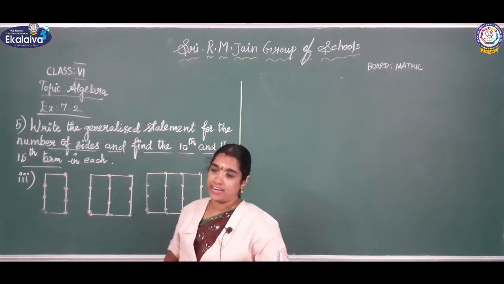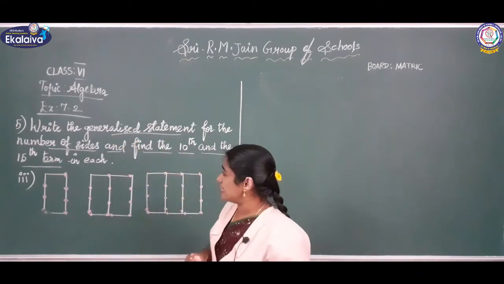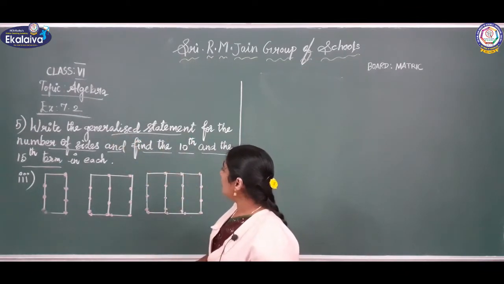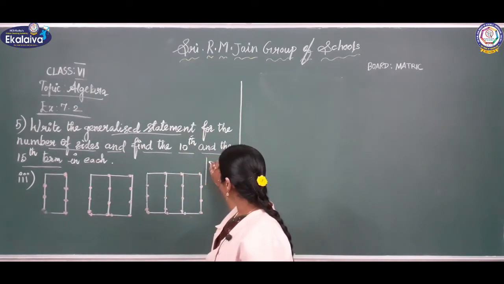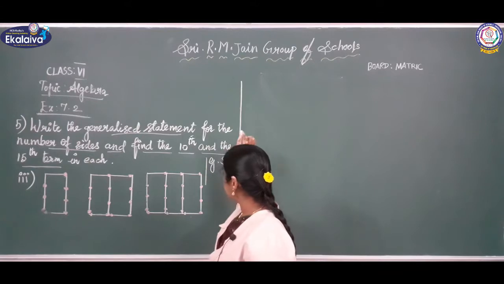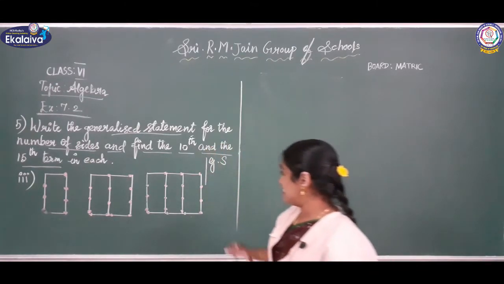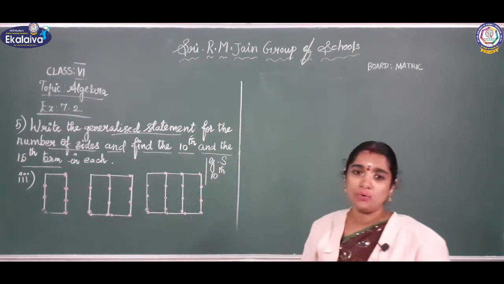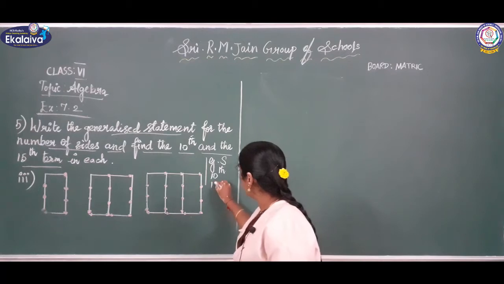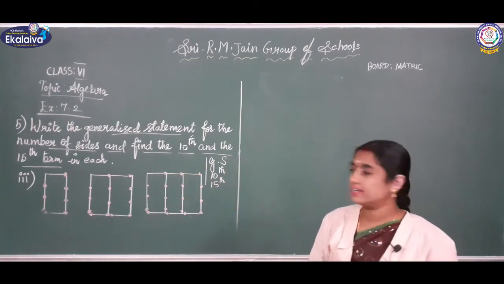The first step, generalized statement. GS means what? Generalized statement. Second step, the 10th term I am going to find out, and the third step, the 15th term I am going to find out. Is it clear?